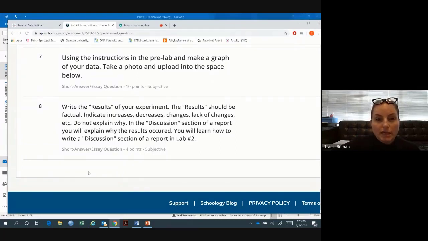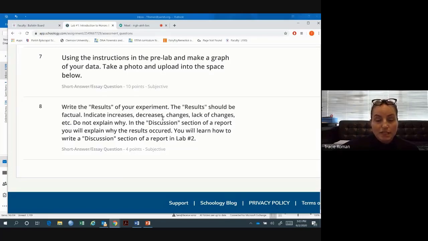So you will take a picture of your graph and then upload it into Schoology. And then you will write a short results and a short discussion.